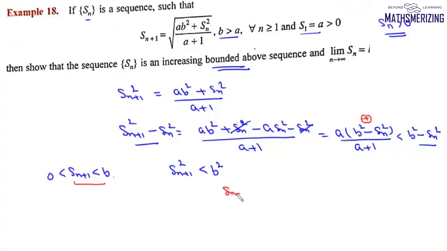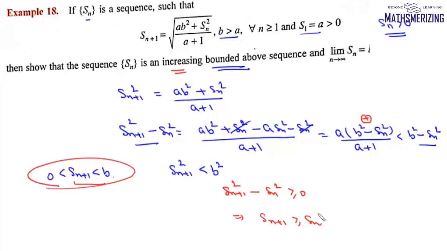So from here we can say Sₙ₊₁ square minus Sₙ square will be greater than or equal to 0. That is, Sₙ₊₁ will be greater than or equal to Sₙ. That is, the sequence is an increasing sequence. So we have proved that the sequence is bounded and the sequence is an increasing sequence.